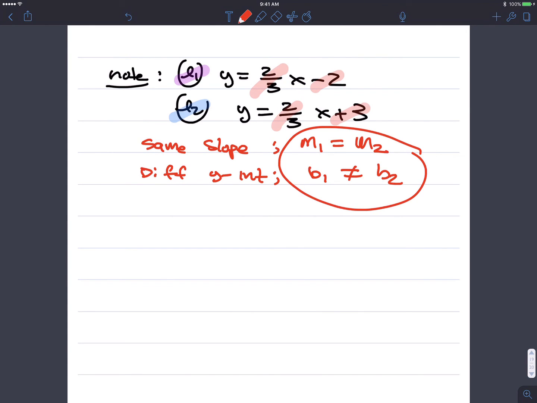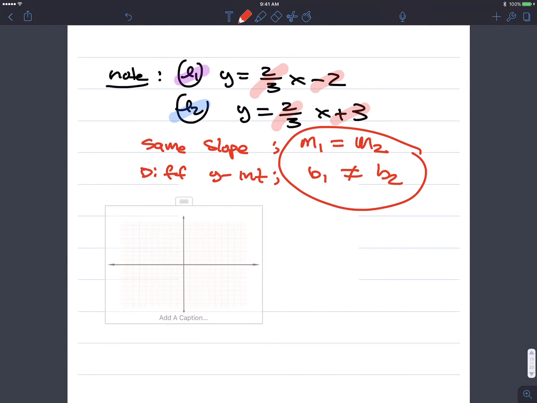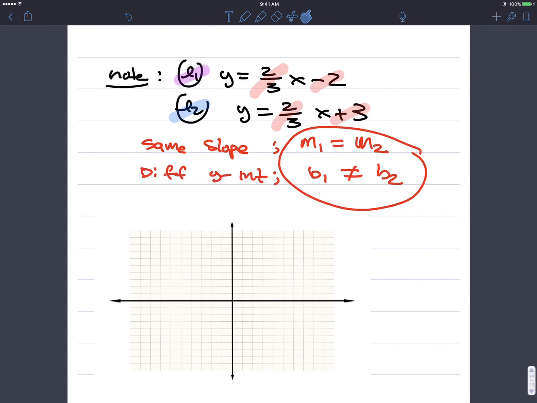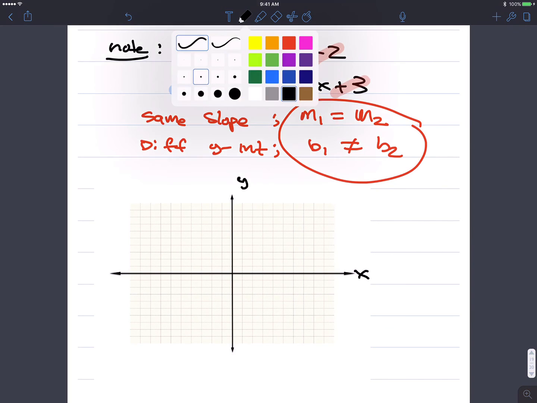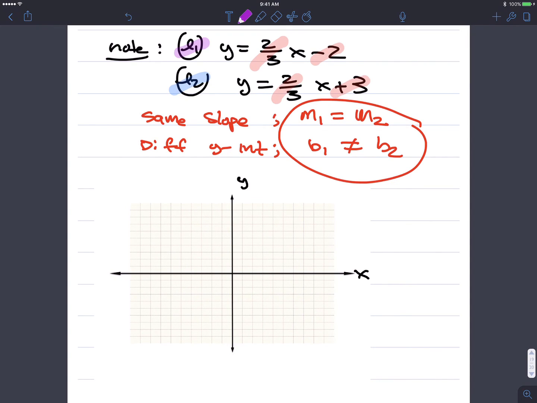Let's try to graph now. Let's see if we can enter a nice graph without it being picky and moody. Yeah, I guess we're going to have to do it something like this. Nevertheless, we have the x-axis and the y-axis. If we start with the first equation, everything in purple, we're going to start with a y-intercept at -2.